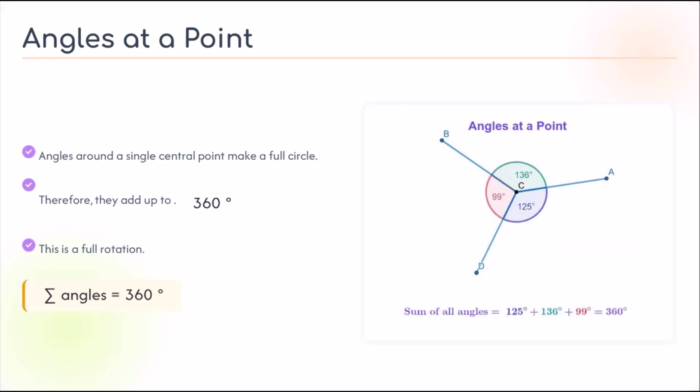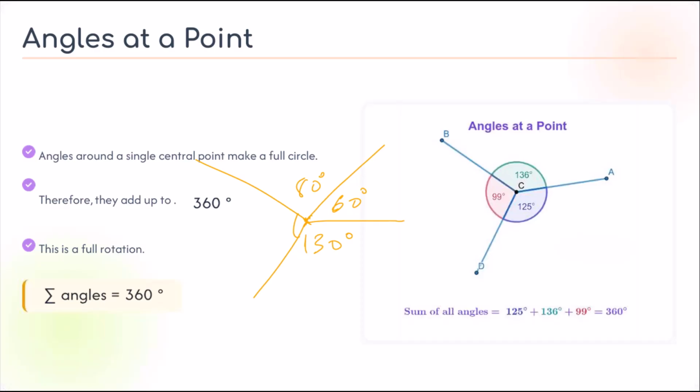So let's say we have here a point, something that looks like this. We have here 130, and here 60, and here, let's say, 80 degrees.